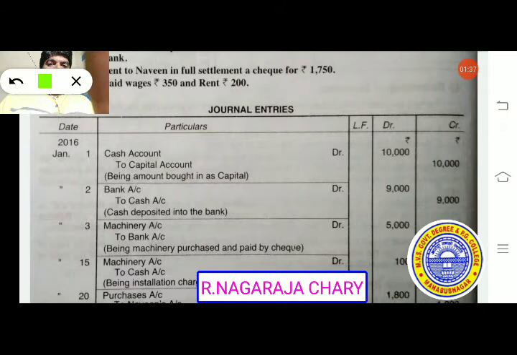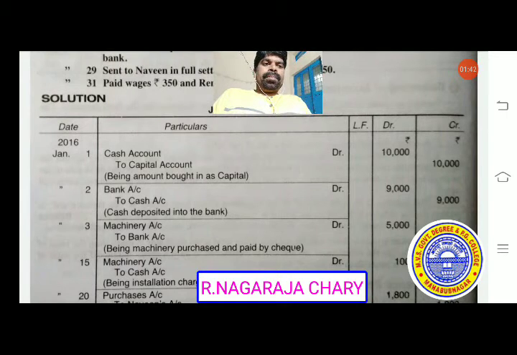So the first journal entry is cash account debtor to capital account, that is 10,000. Giving aspect and receiving aspect, both will be equal. That was recorded in the previous lesson, and this journal entry is to be posted into the concerned ledgers.